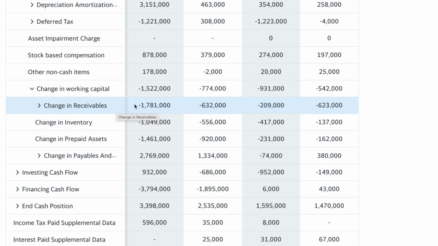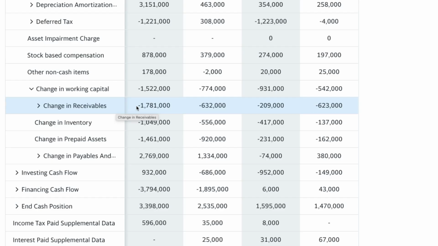If this value is negative, it means money is not coming into the business; less cash is flowing in and more money is being owed to the business. Since this money is owed as a debt, it is not cash. That is why an increase in accounts receivable is reported as a decrease in cash flow: this money is not coming in.